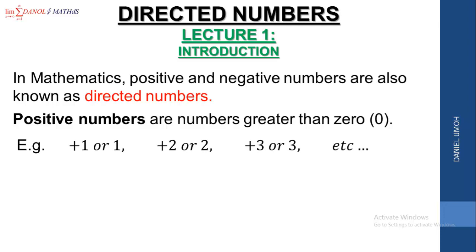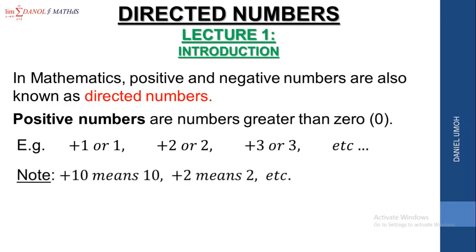Remember, in mathematics, +1 means 1, +10 means 10, +20 means 20, +100 means 100. So examples are +1 or 1, +2, +3, and so on. These are all examples of positive numbers. Okay, we told you to note this. +10 means 10. Please take note of that because we are going to be using it a lot.